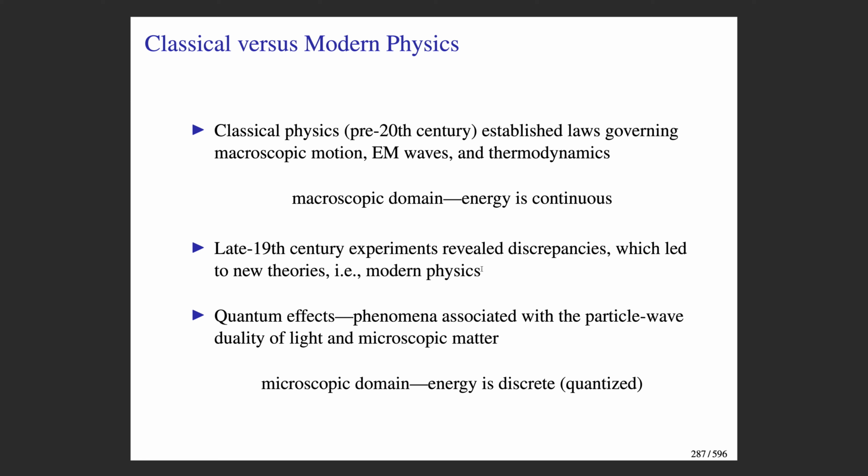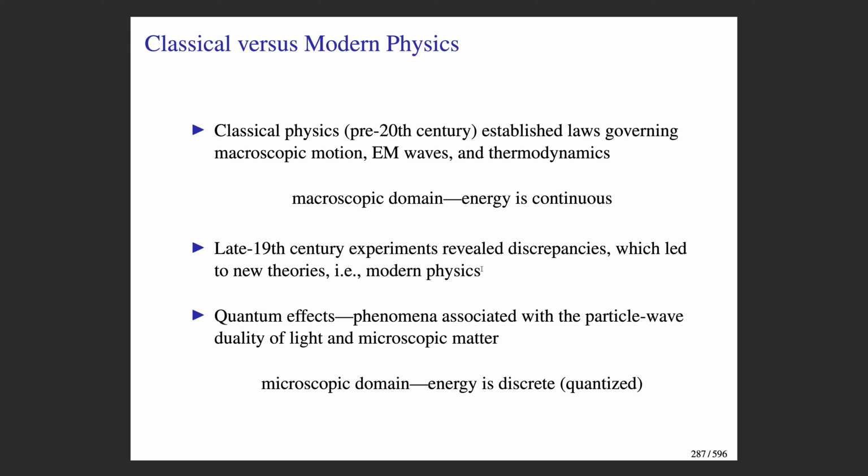For example, Newton's laws of motion. Likewise, electromagnetic waves were understood using Maxwell's theory. And then topics like thermodynamics and the beginnings of chemistry were able to explain much of the material world and the processes that it undergoes.